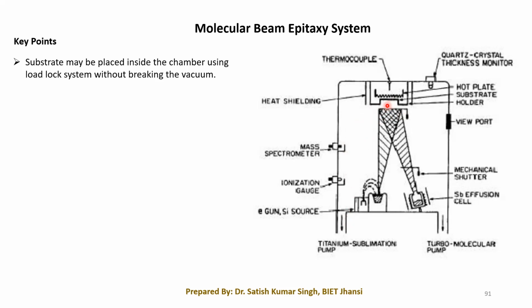We have to raise the temperature up to 1000 to 1200 degrees centigrade. If we raise the temperature that high, its surface will get automatically cleaned. So that is one of the ways we can clean the surface.